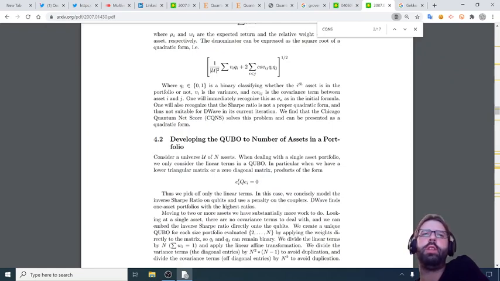We divide the variance terms, the diagonal entries, by n squared times n minus 1 to avoid duplication of what? And divide the covariance terms. Yeah, so they basically use the variance and then the covariance as the off-diagonal entries. So these are the coupler strengths, I guess, to avoid duplication.